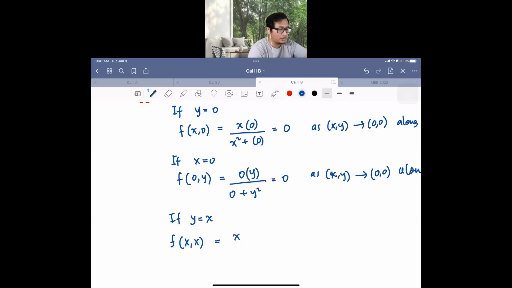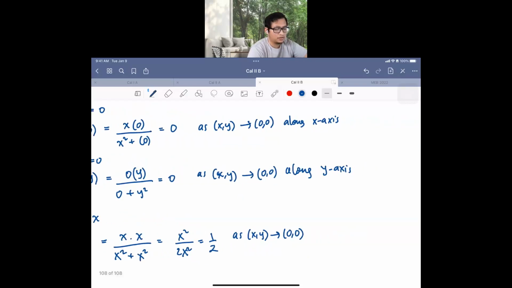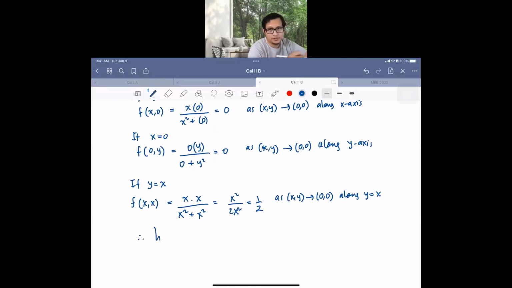If we exchange y with x, we'll have one half along y equal x. So, because we have different results, the given limit doesn't exist.